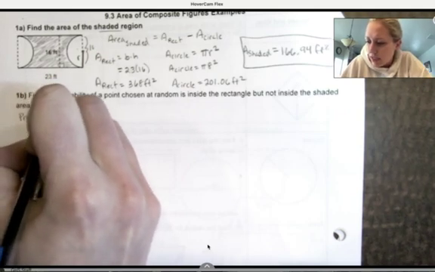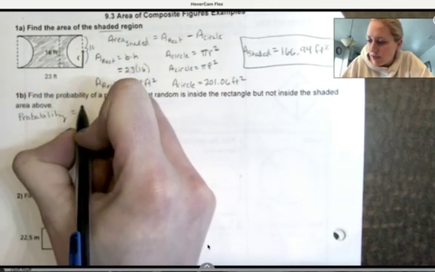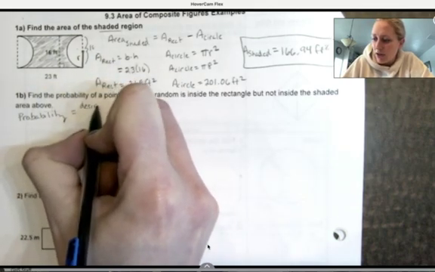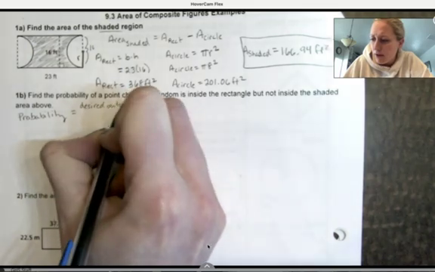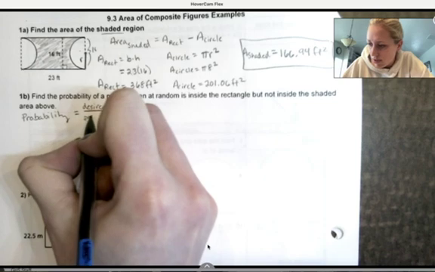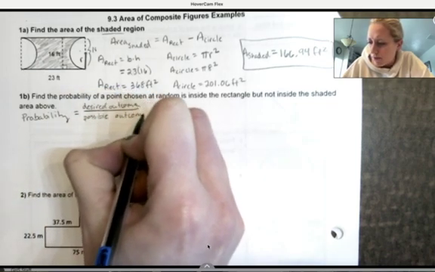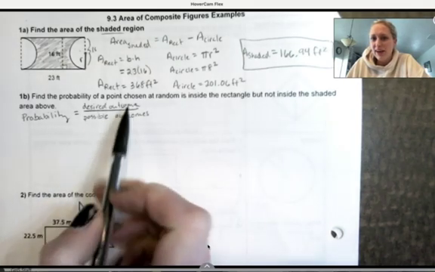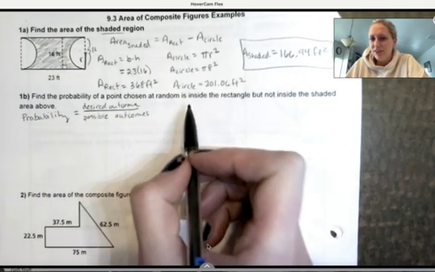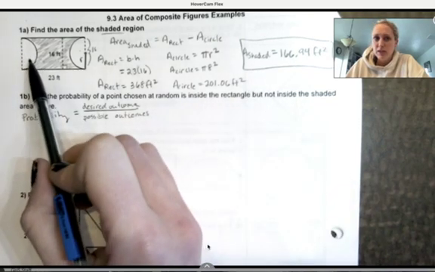Probability is what you want, the desired outcome, over the possible outcomes. So the desired outcome is I want it inside the rectangle but not in the shaded region. So that would actually be within the circles.